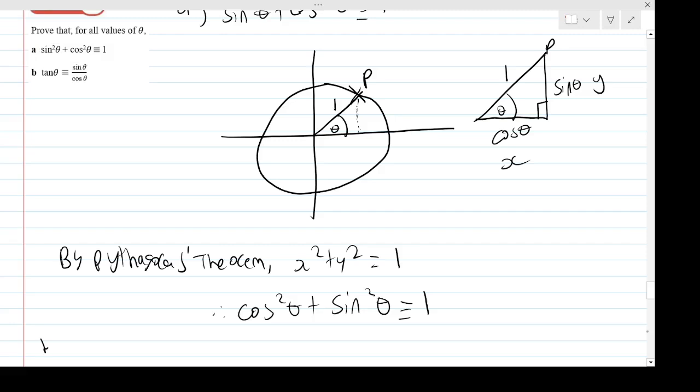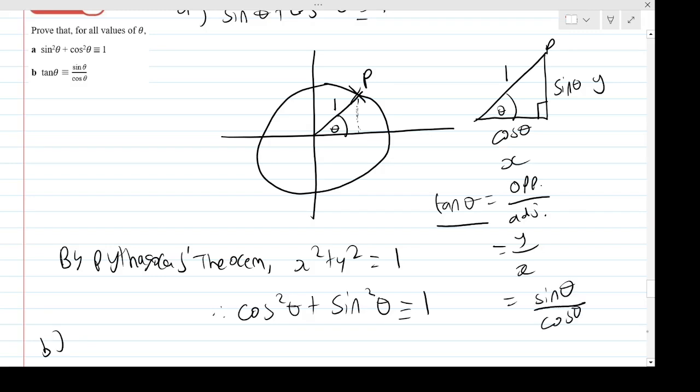Okay, part B then says we need to show that tan theta is sine theta over cos theta. So again, if we go back to this triangle here, we know that tan theta is opposite over adjacent, but we know the opposite is y, and we know that adjacent is x, but we also know y is sine theta and x is cos theta.